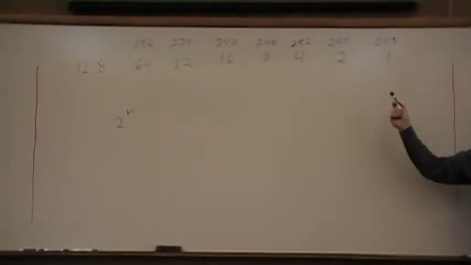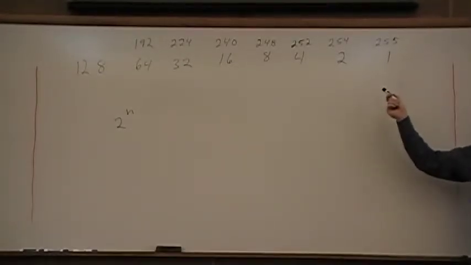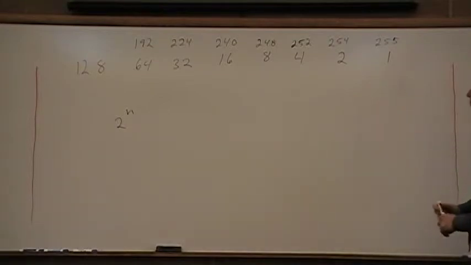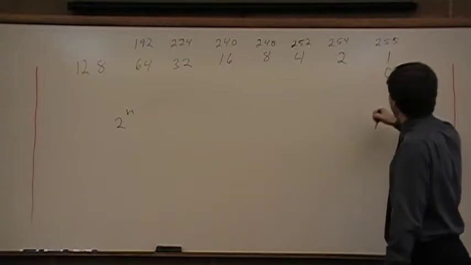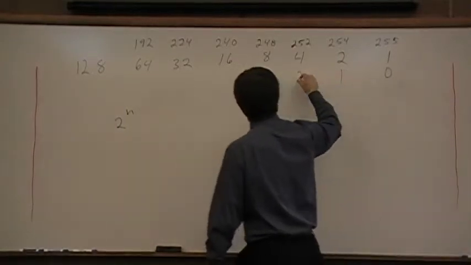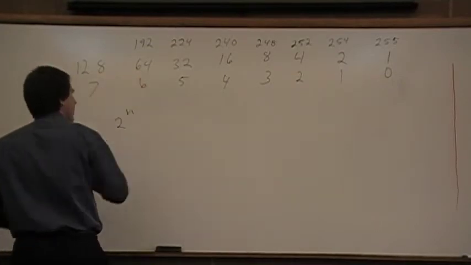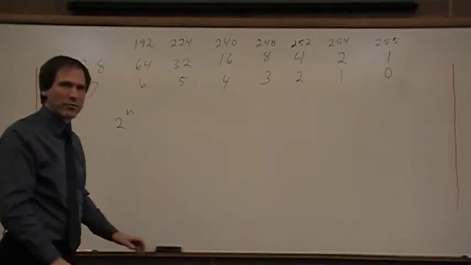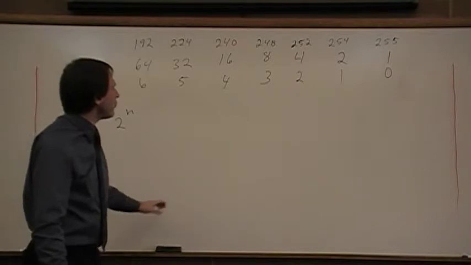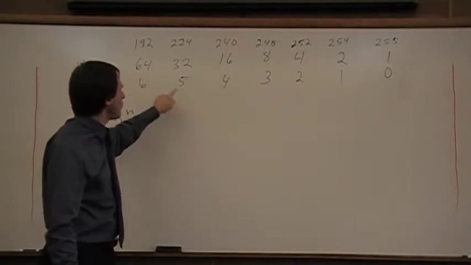Now, luckily, you have even more if you go higher. But luckily, if you memorize this, did you notice that the powers of 2 are also written here as well? Did you notice that? For example, if I were to put a 0 here and start going like this, 1, 2, 3, 4, 5, 6, 7. Those are actually the powers of 2 right there. For example, 2 to the power of 4 is 16. 2 to the power of 5 is 32.